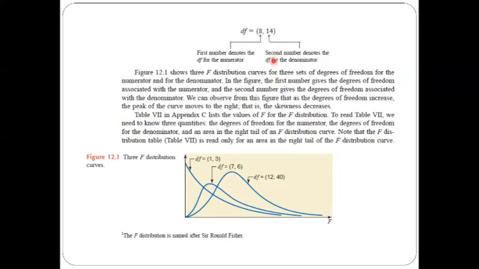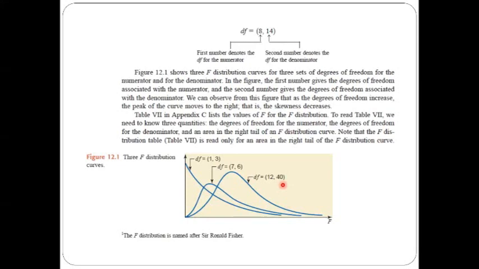Let's say this graph in Figure 12.1, just for example, represents DF with numerator 1 and denominator 3. For the next graph, the numerator is 7 and the denominator is 6. For the last graph, we have 12 and 40.